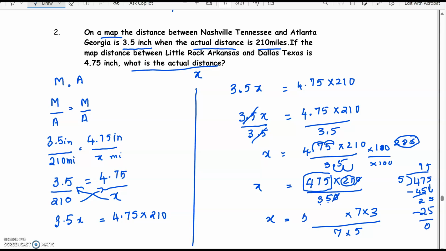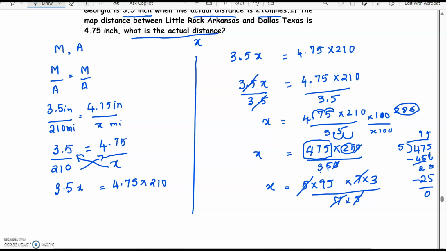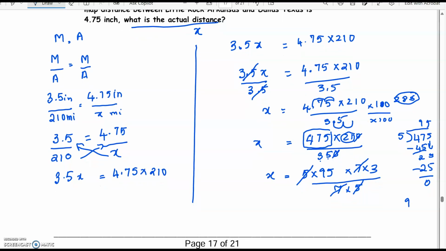So it is 5 times 95. So I cancel the 7s, cancel the 5s. And my final answer is 95 times 3. 5 times 3 is 15. 9 3s are 27 plus 1 is 28. So x is equal to 285.